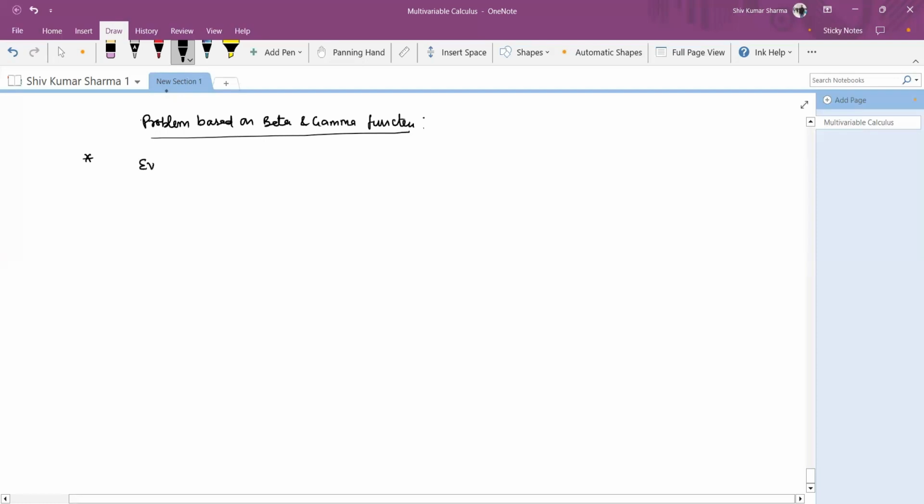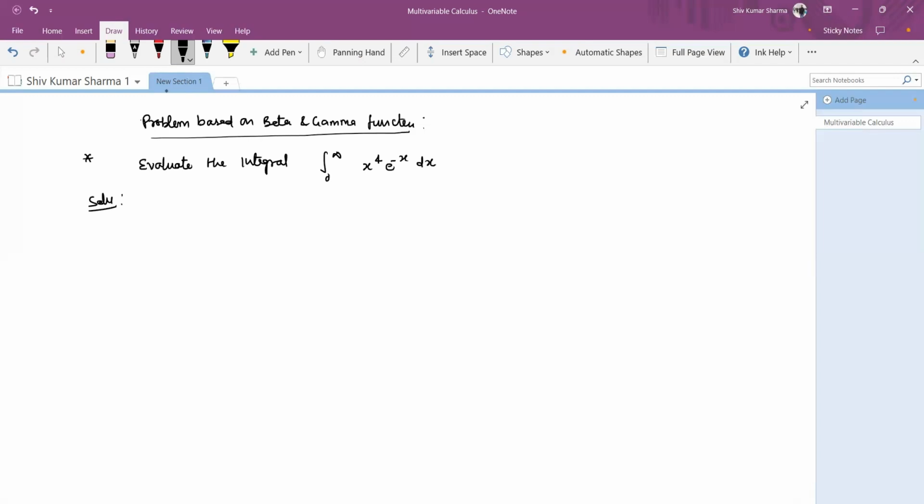So problem first, evaluate the integral 0 to infinity x raised to the power 4 into e raised to the power minus x into dx. So when we do the solution of this integral, directly we use the definition of gamma function.